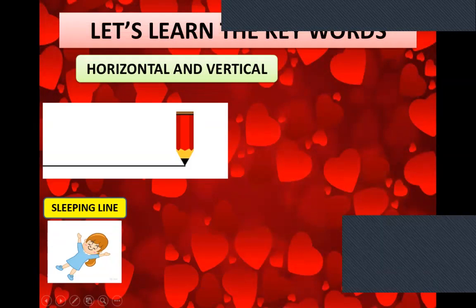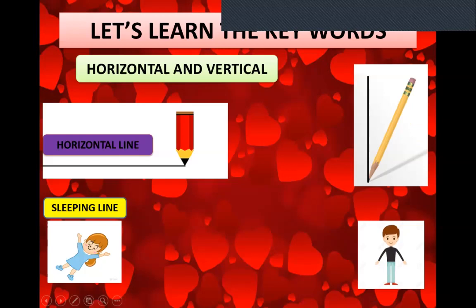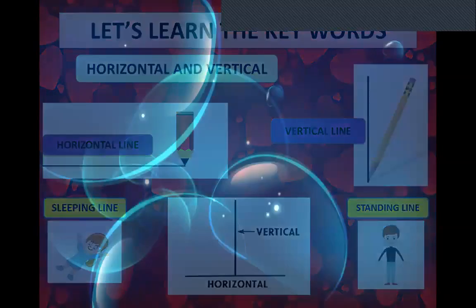It is also called a sleeping line. Then a vertical line, which is also called a standing line. So this is a horizontal line, which is a sleeping line, and the standing line is called a vertical line.